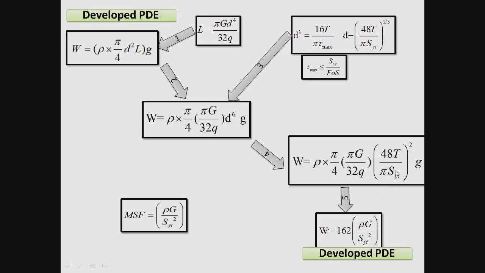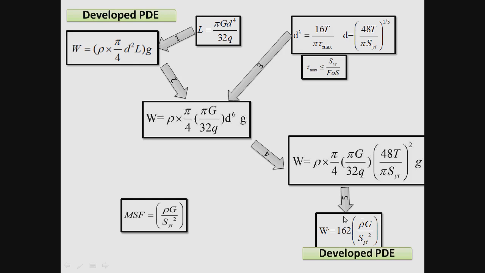So substitute the value of Q and the value of T, and the value of G, except rho, G and Syt. Substitute all the values, then we are going to get 162. So calculate all the values, and we are going to get 162 into rho G upon Syt square. So this is the MSF.